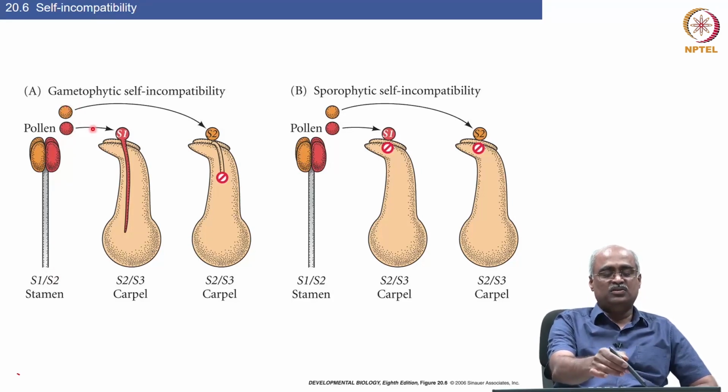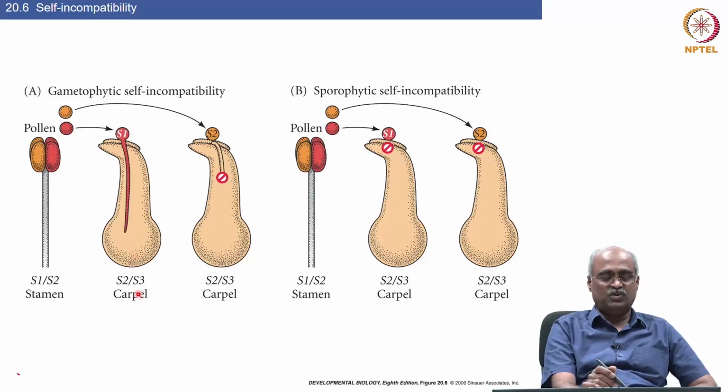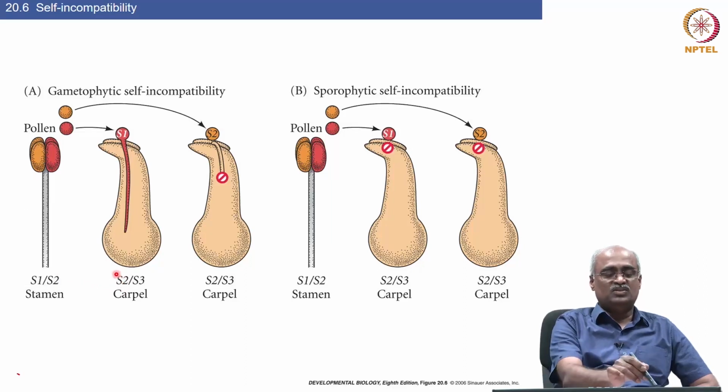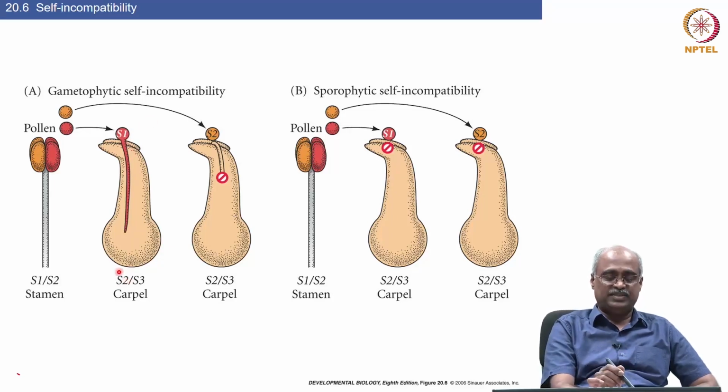Now here, for example, an S1 pollen is landing on the stigma of a carpel in a sporophyte having the S2, S3 genotype. If you look, one allele, S2, is shared. This pollen is S1, but the female gametophyte does not have S1, although they share one allele.